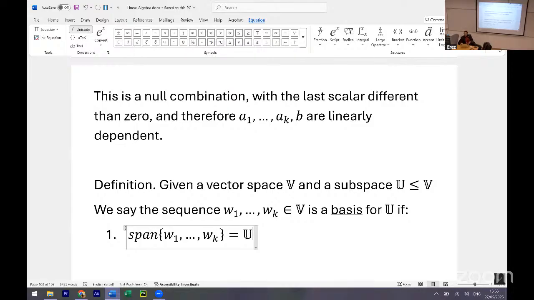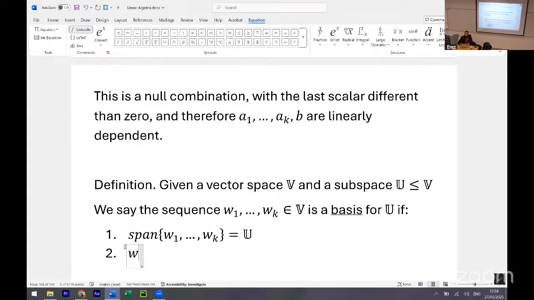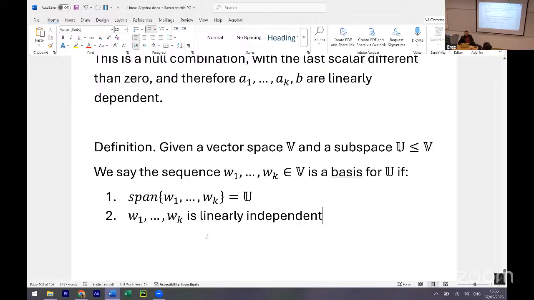But what is the second condition? What else do we require? That W1 to WK is independent. Exactly, W1 to WK is linearly independent. These are the two things that when they hold together, they form a basis.